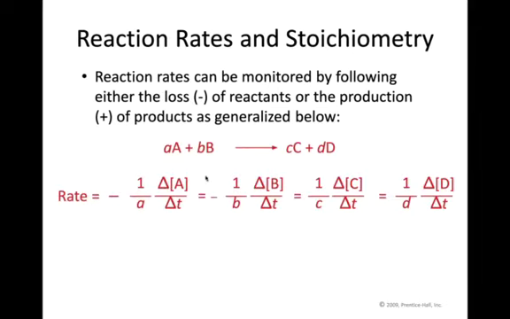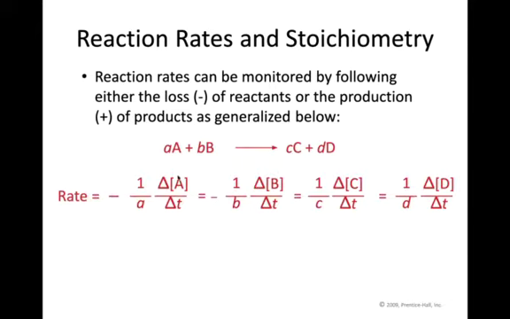There's a negative sign for both of the reactants. No negative sign needed for the products. All of these are equivalent ways of expressing the rate: 1 over the coefficient times the change in that compound or element over a change in time.